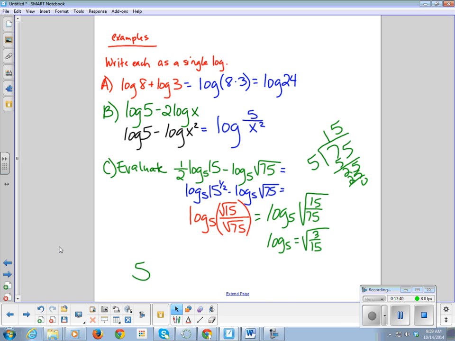I put an equal sign in there. That's fine. So 5, and we don't know what that equals, so we're going to call that x. So 5 to the x power is equal to the square root.